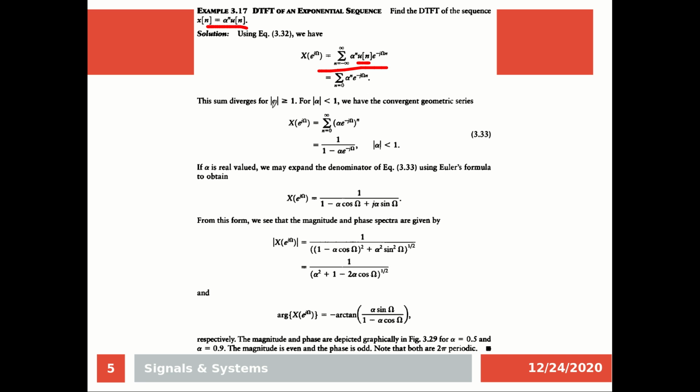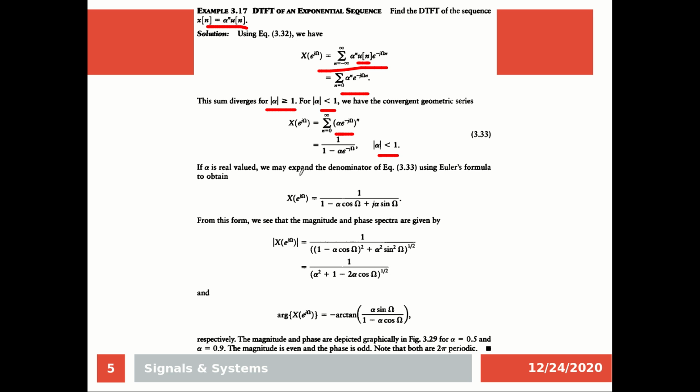Here, if alpha is higher than 1, then it will diverge, and I can't find a solution for this summation. If it is less than 1, then there is a solution that we saw before. You take the 1 over 1 minus whatever is here. This is for alpha less than 1.